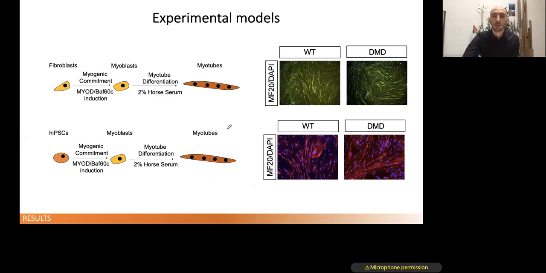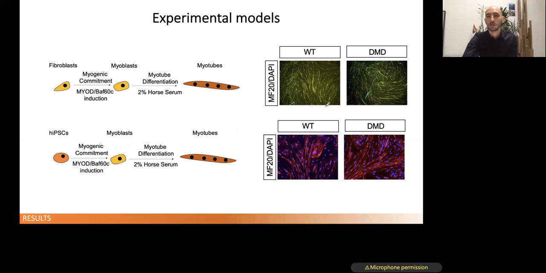To address this question, we developed two different in vitro disease models, in which we took either fibroblasts or iPS cells donated from Duchenne muscular dystrophy patients, and we were able to transdifferentiate them into myoblasts, the progenitor cells of the skeletal muscles, and myotubes.